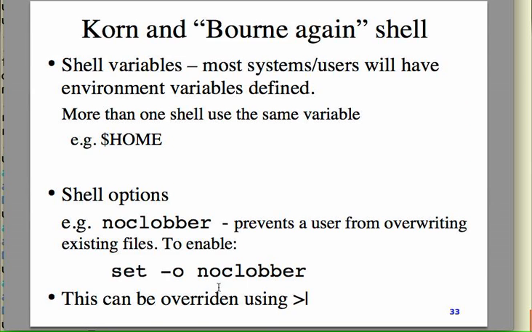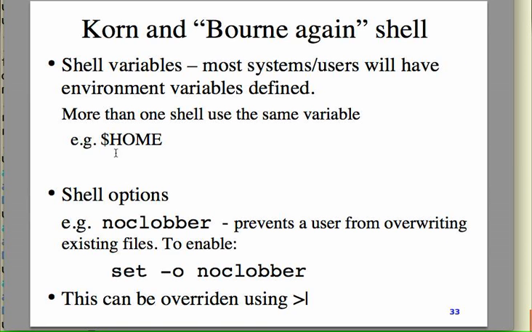Okay, so as we saw, if you run the env command, you'll see a whole bunch of shell variables. Most systems and users will have environment variables defined, and typically more than one shell will use the same variable.